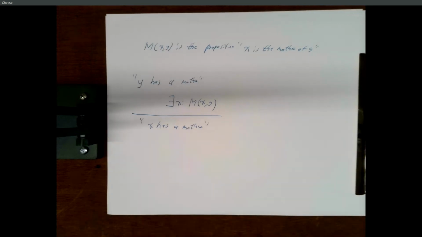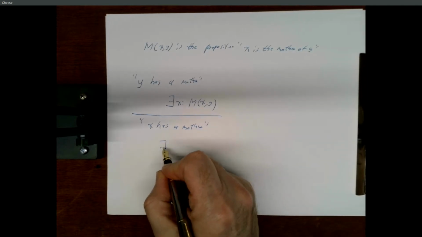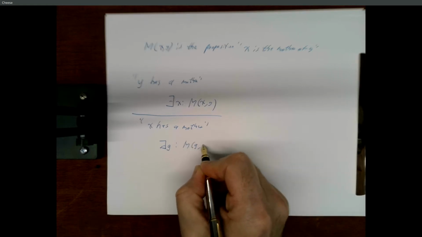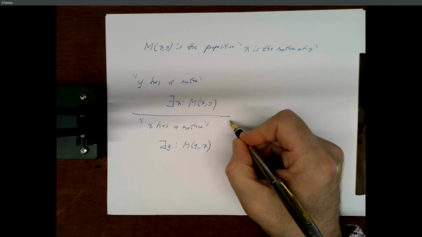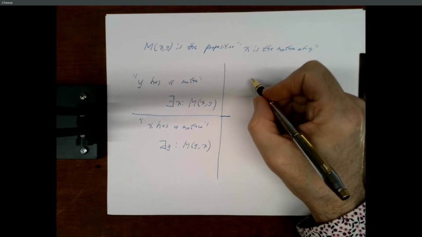How would we say that x has a mother? And let's not reuse y. It's exactly the same thing, right? There exists a z, or let's say a g, such that g is the mother of x. Well, let me change my variables here.